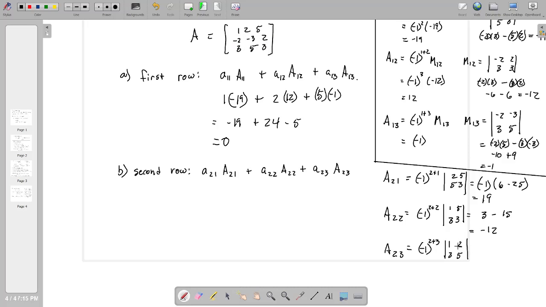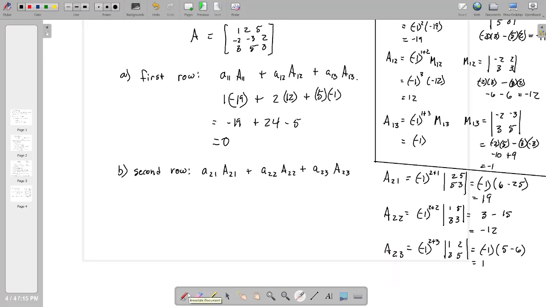So we'd find the determinant of this matrix. We would have negative 1 to the 5th power times 1 times 5 is 5, minus 3 times 2 is 6. So we have 5 minus 6. Negative 1 times negative 1 is a positive 1. So a sub 2,3 is 1, a sub 2,2 is negative 12, a sub 2,1 is 19.